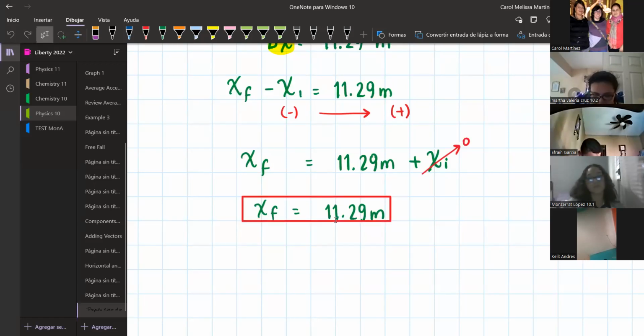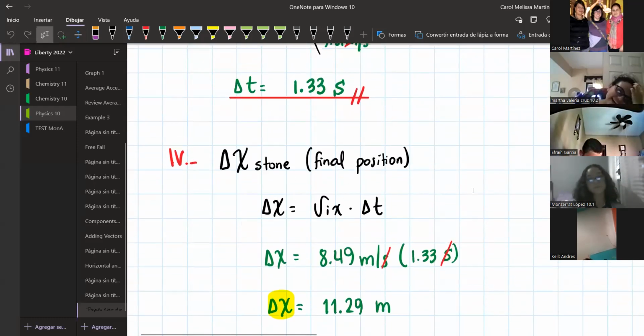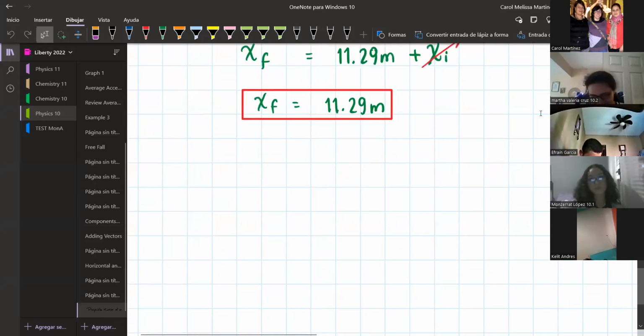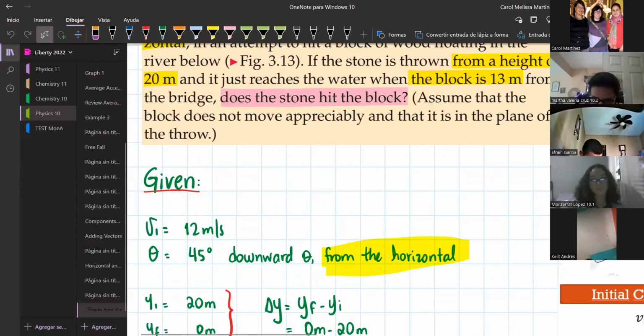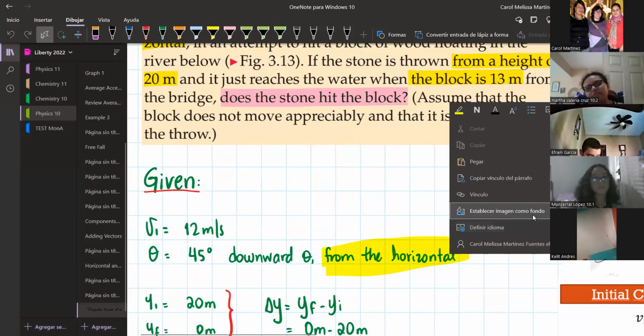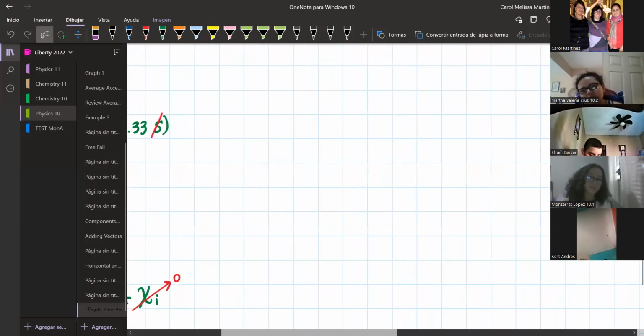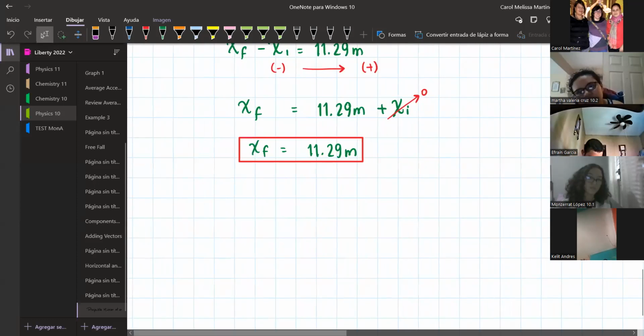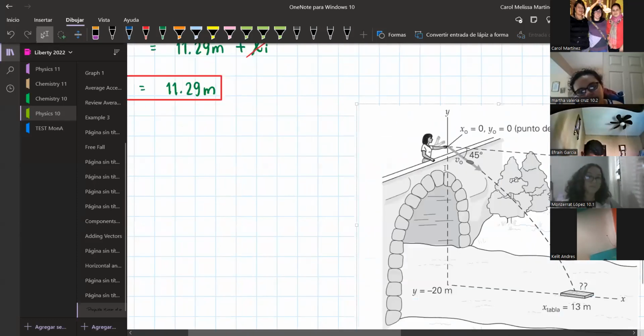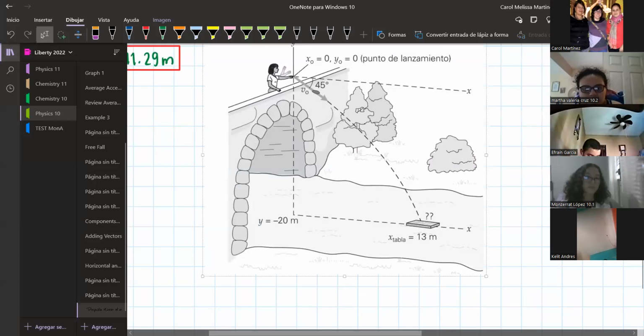Now, what do we have to do after? We need to tell if the stone is going to hit the block. So to do that, I'm going to bring the picture one more time. Tell me, guys, is the stone going to hit the target, going to hit the block?